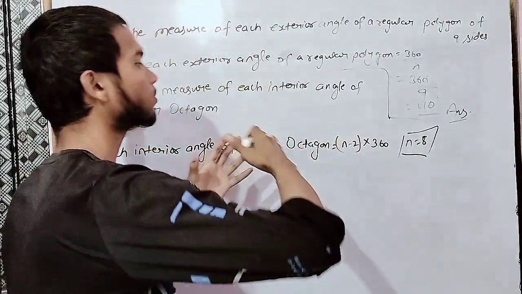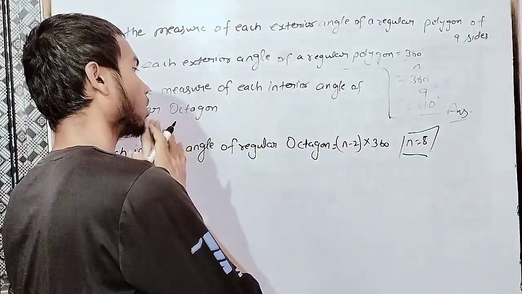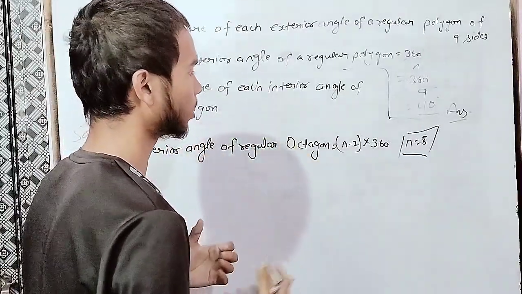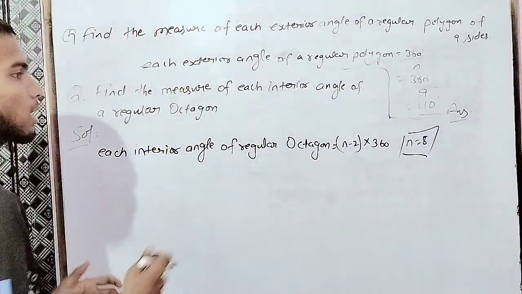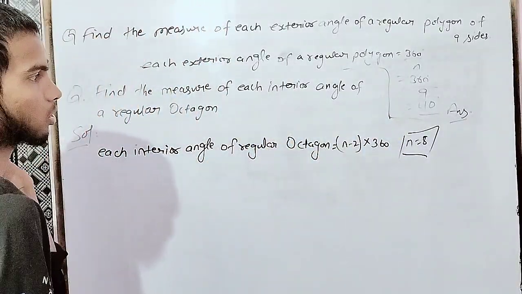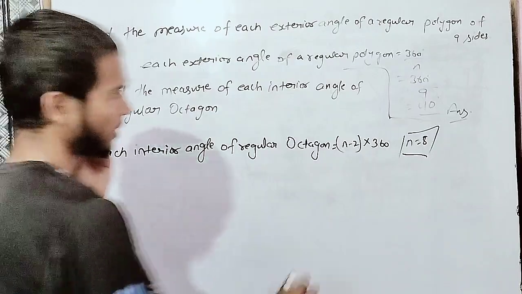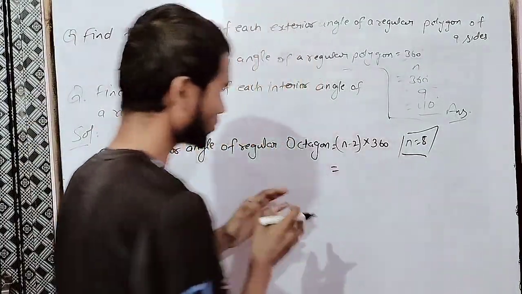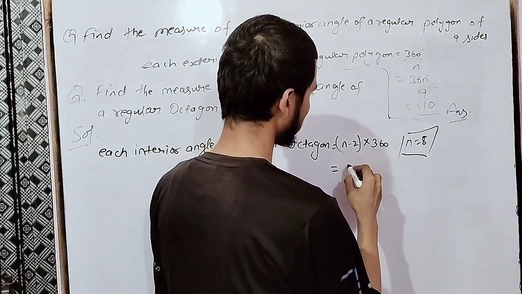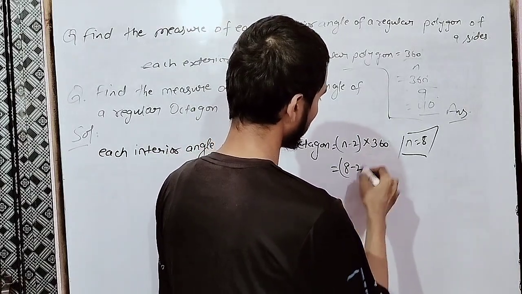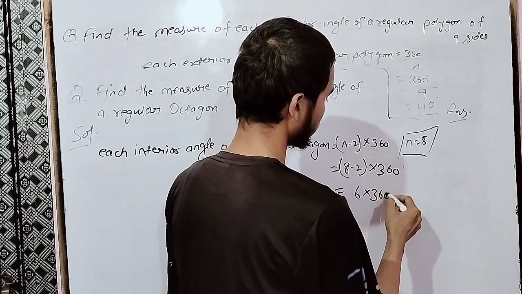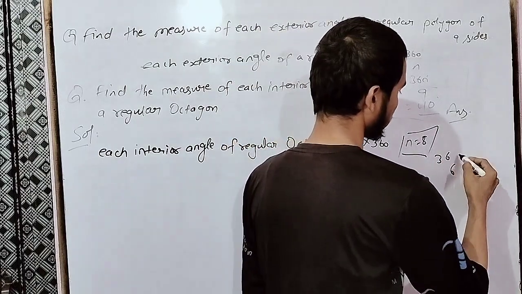This formula is applied to different regular polygons, that's why we are looking at n minus 2. Got it? Now, number of sides 8 minus 2, multiplied by 360. 6 multiplied by 360.